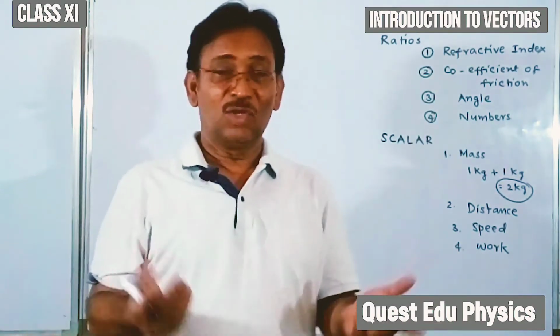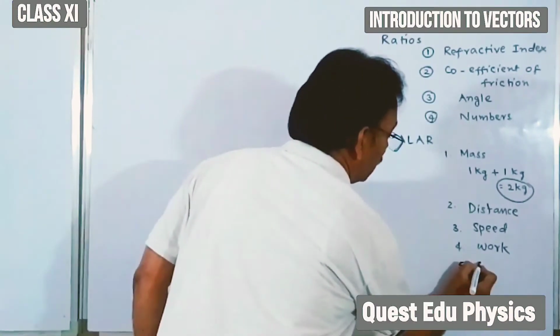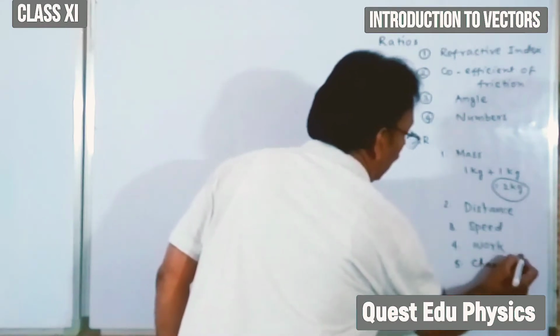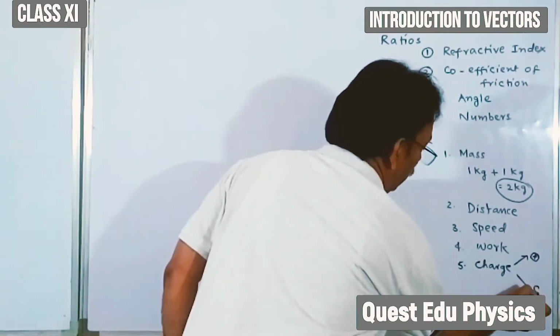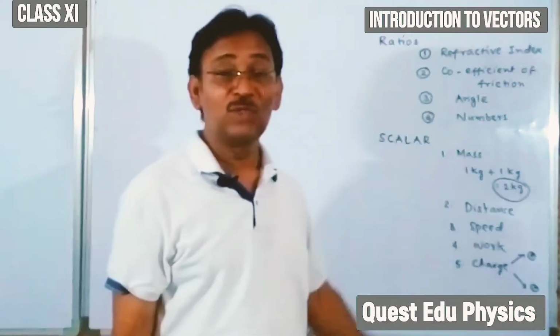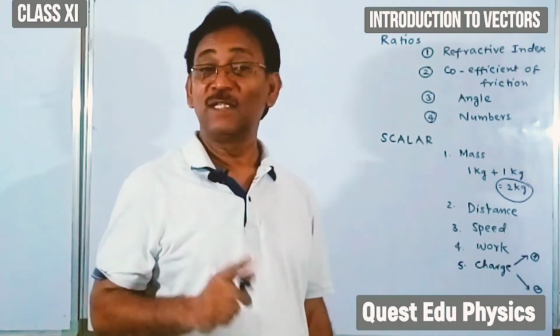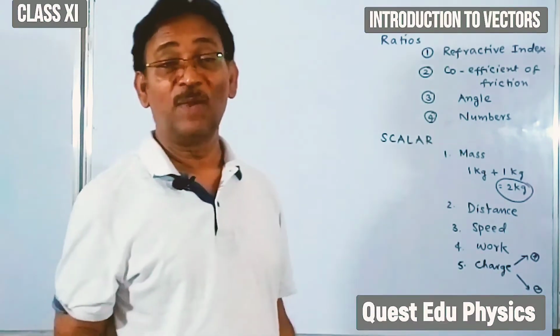Charge is another one. Generally, charges are of two types: positive and negative. Though they have positive and negative signs, don't mistake that. The positive and negative signs give the direction, as in the Cartesian coordinate system where you find plus and minus.